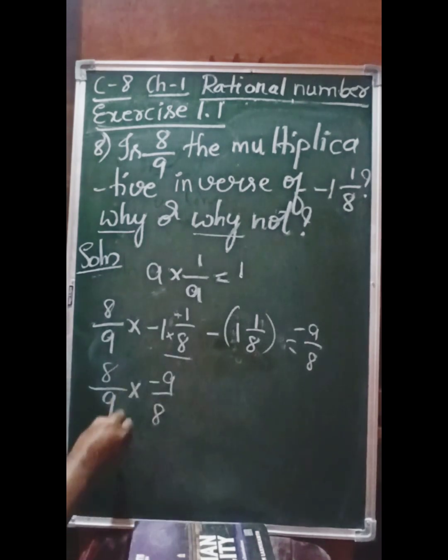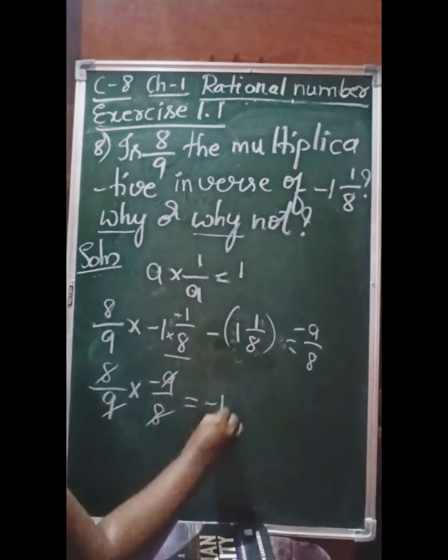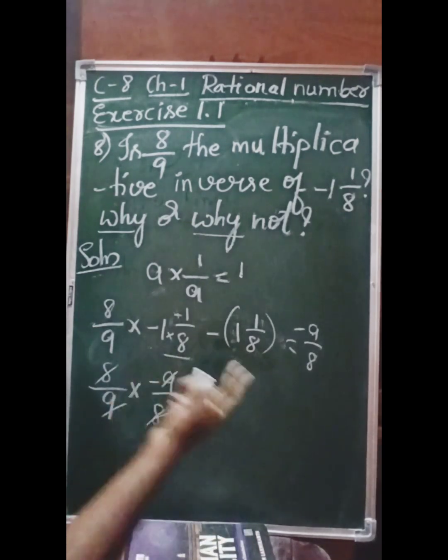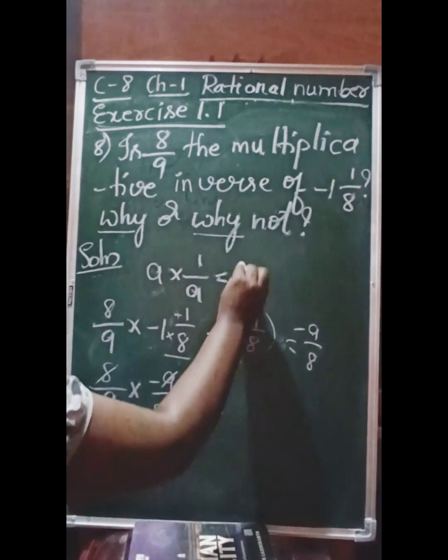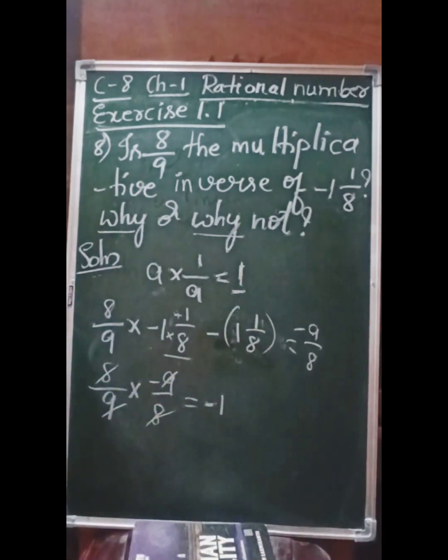So it is not a multiplicative inverse, because when you solve this one you will get negative 1, but for any multiplicative inverse we should get plus 1, right? So it is not a multiplicative inverse.